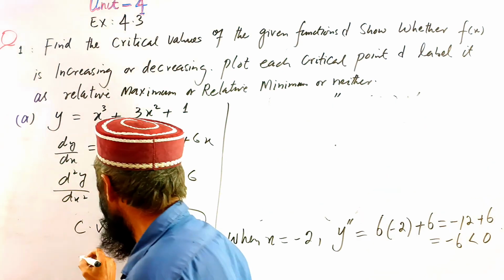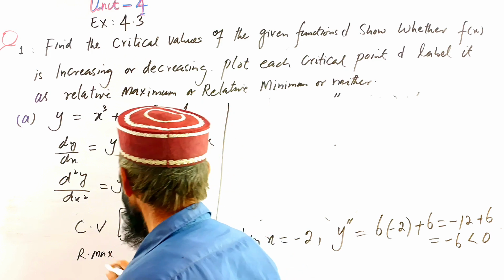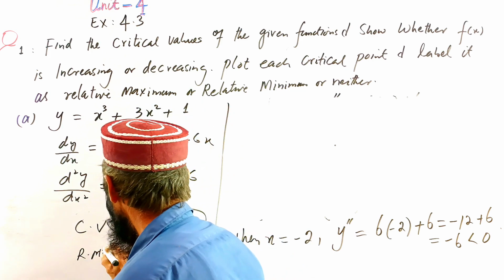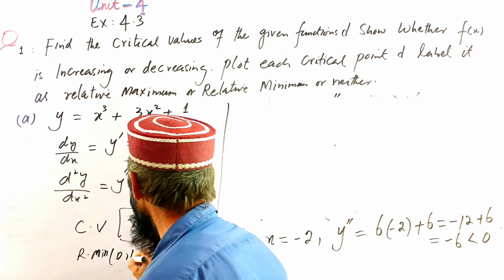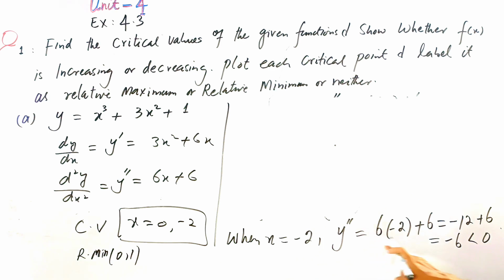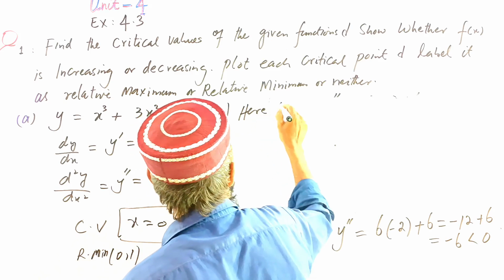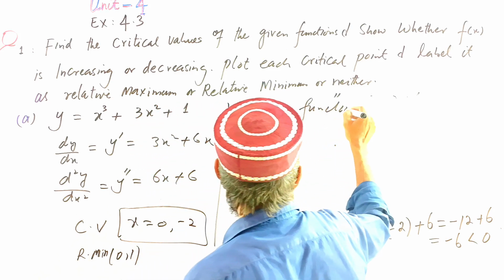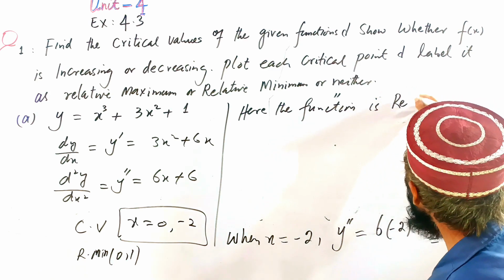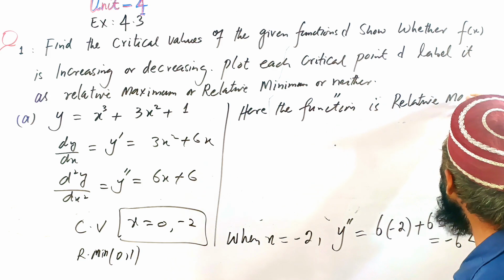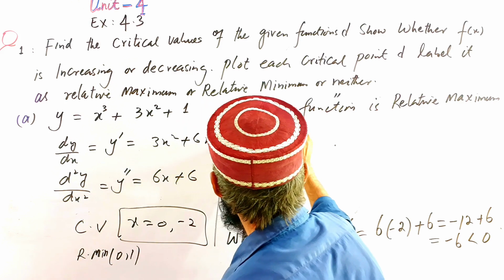So here the function has a relative maximum, according to the definition. The relative minimum value we have already found, at 0 and 1.